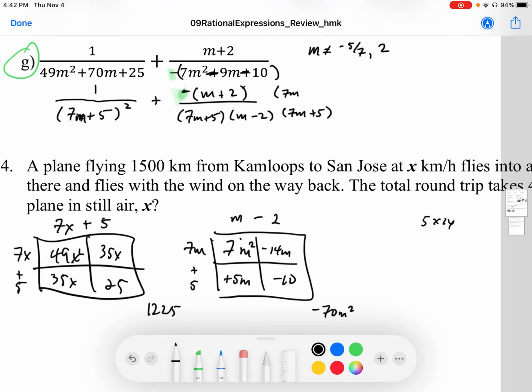Multiply the top by 7m plus 5. Here I'm missing an m minus 2, and I have an m minus 2 here as well. And once I've done that, I can multiply the numerators and add this together.